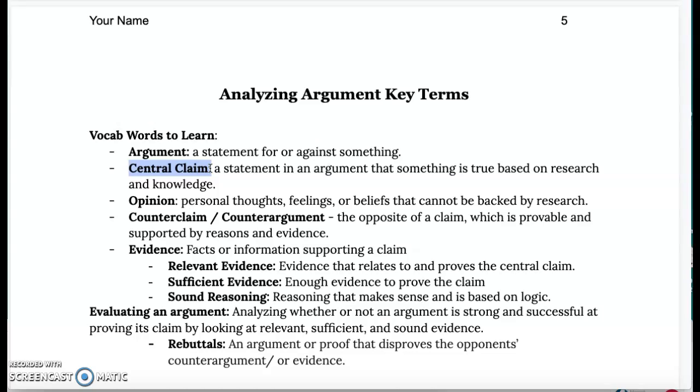It could be statistics. And it's always evidence that is relevant, that proves your claim. So the claim is one statement, one sentence that is what you're persuading people to believe in.